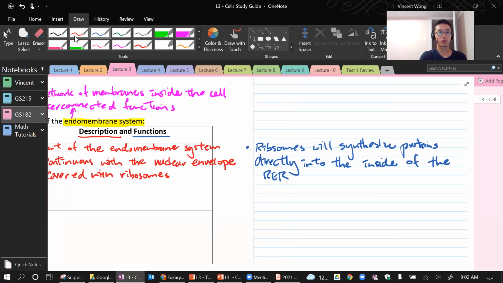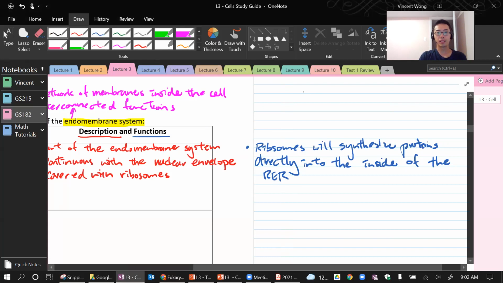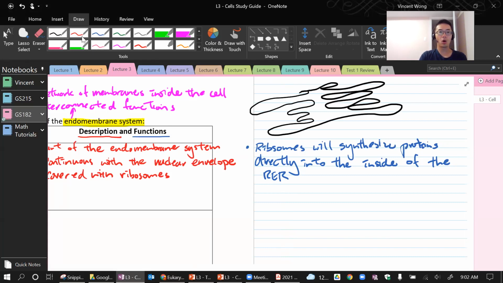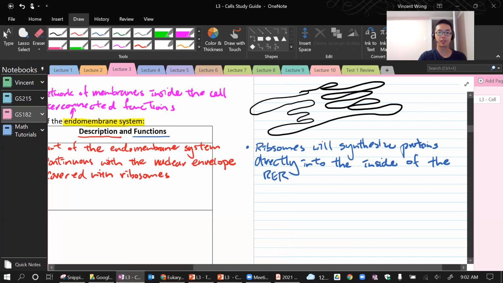Let me try to draw this for you. So this is the rough ER, something like this. And on it, you will find a bunch of ribosomes stuck to it. With all these ribosomes on them, it makes them look bumpy, makes them look rough under the microscope.